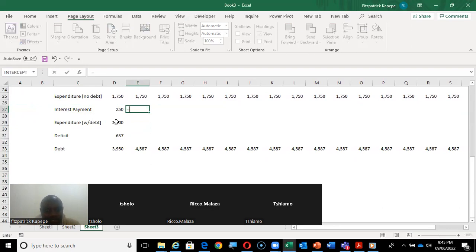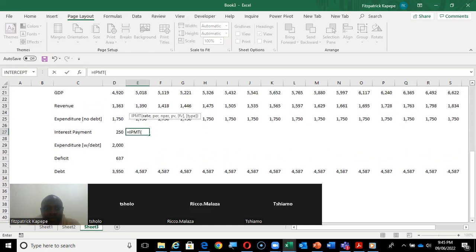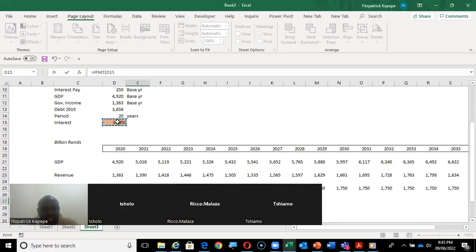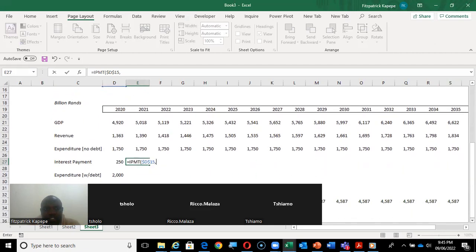No, okay, let's do this. If I say interest, IPMT, I try this. So I'll say the rate, 3.18, I lock it, comma, the period, which is this minus that.